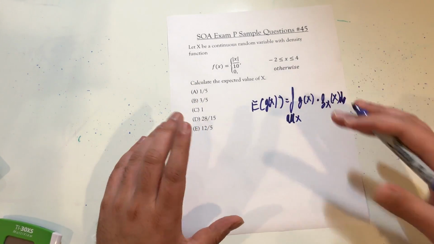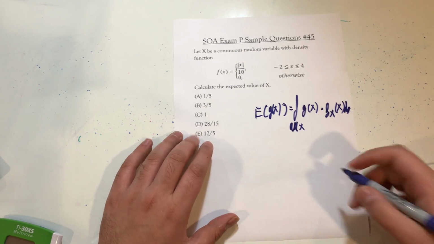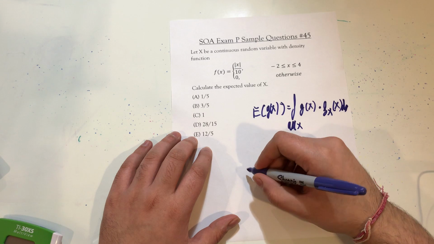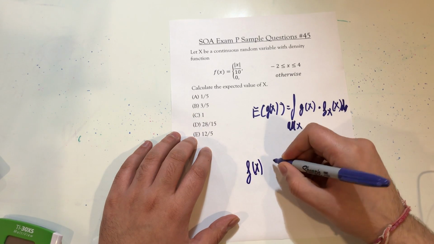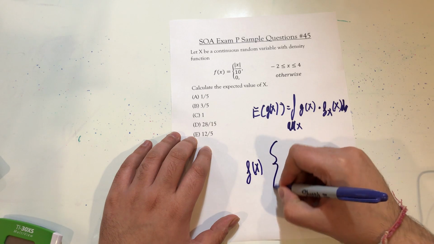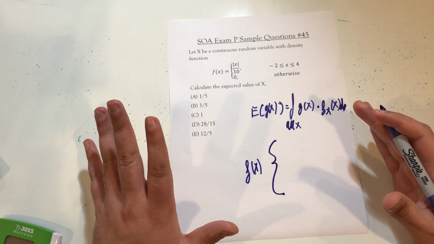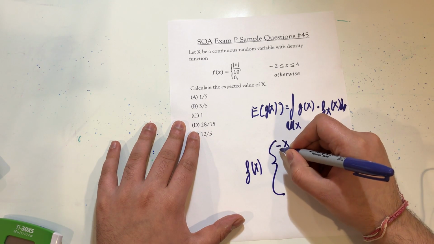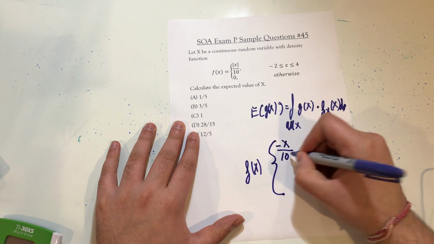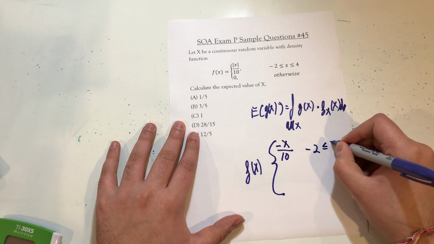So before we can actually take the integral, we want to split this up into cases, because taking an integral of an absolute value is kind of annoying, yeah? And this is something we just have to do. So for all negative values, we're going to have negative x over 10 from -2 to 0.